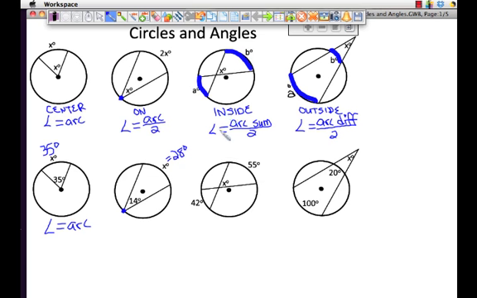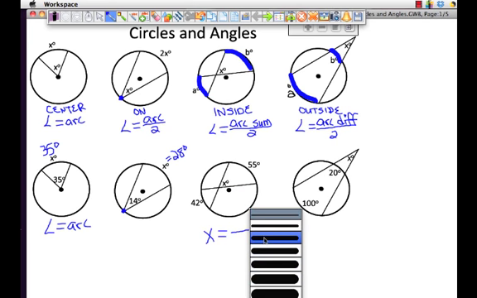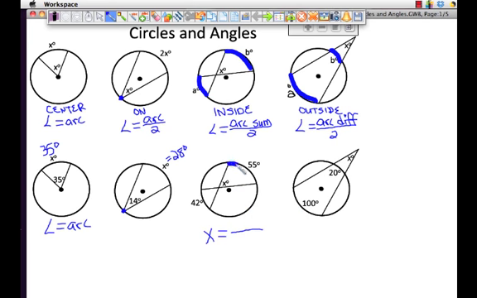For this one, the angle is inside the circle, but it's not on the center. So we're going to have to say that the angle equals the arc sum divided by 2. I'm going to fill that in, and I'm going to solve it this way. You'll see why later. An angle, in this case, is X. The two arcs are the two arcs surrounding that X, here and here. So I just go ahead and add 42 plus 55.